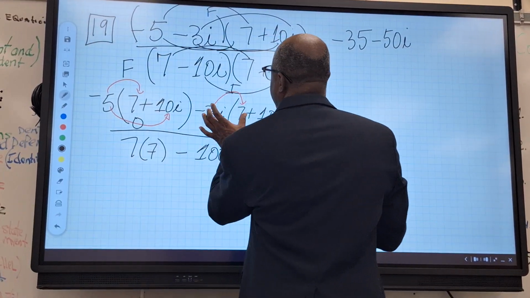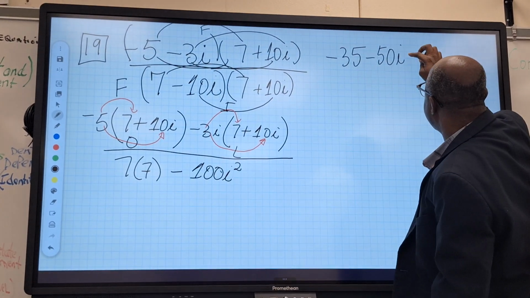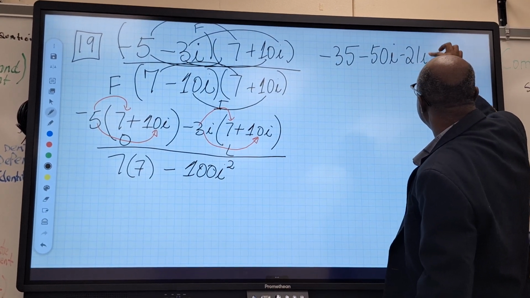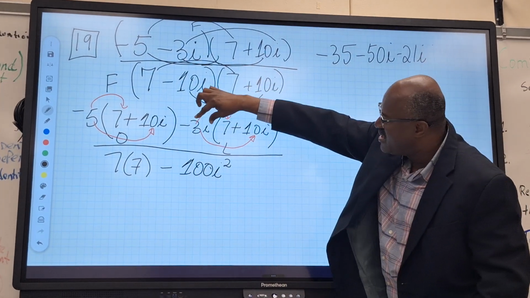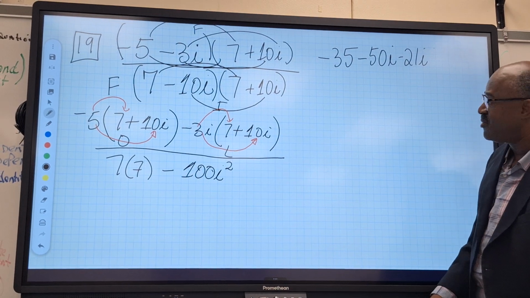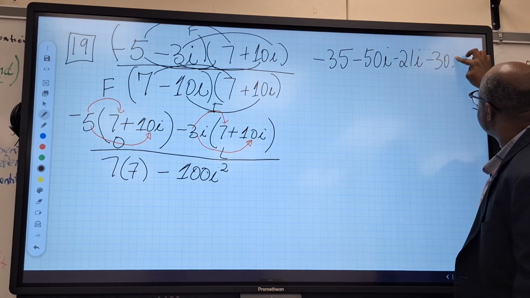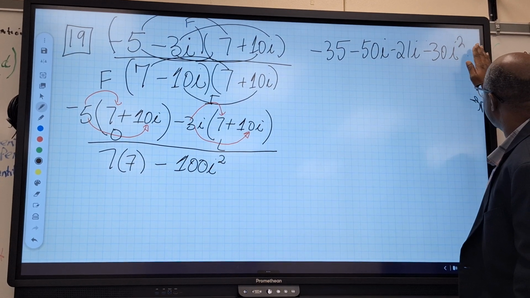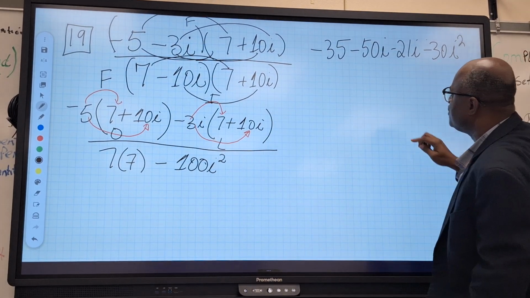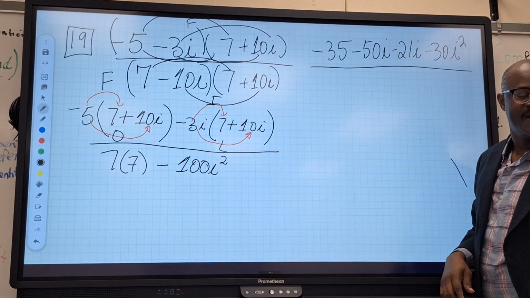Then we go to this part, negative 3i times 7. That will give you negative 21i. Then negative 3i times positive 10i will give you negative 30i squared. As you know, i squared is equivalent to negative 1. So that's part of your numerator.